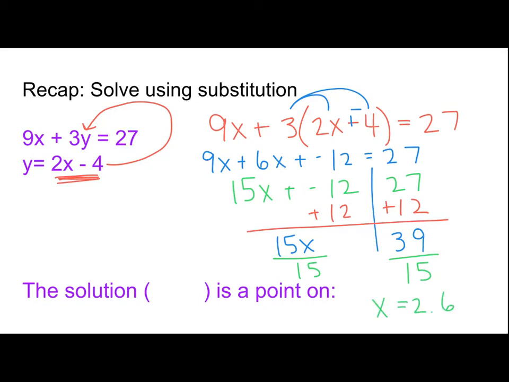Then to solve for our y value, we're going to substitute in what we know for our x. So y equals 2 times 2.6 minus 4. And that ends up to be y is 1.2. So our solution set for this one is going to be 2.6 and our y value is 1.2.